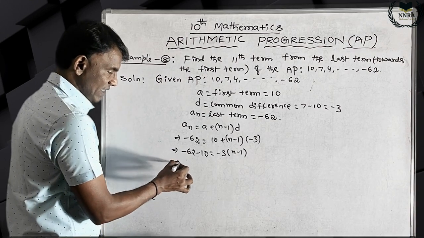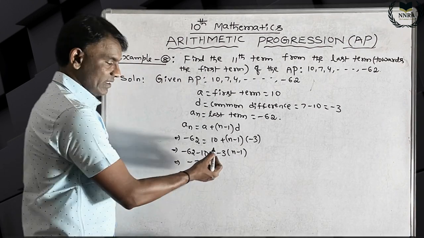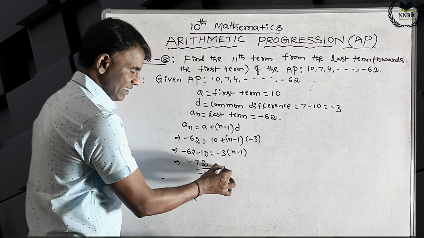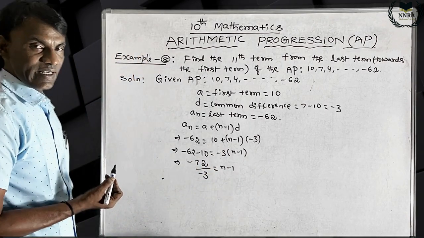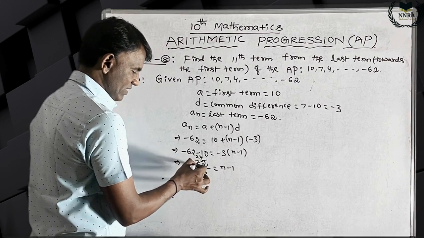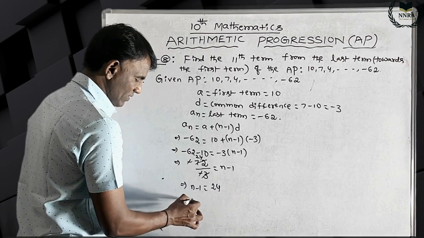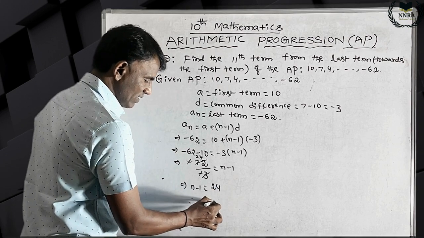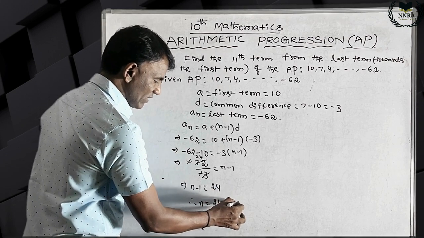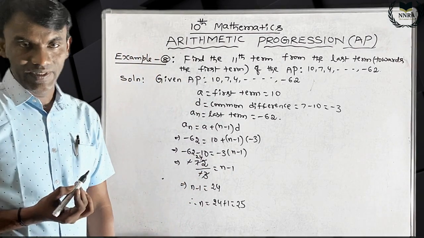So this can be written as minus 72 divided by minus 3 on this side. Then we get n minus 1 on the right hand side. So minus minus gets cancelled. 3 twos are 6, 3 fours are 12, right? So n minus 1 equal to 24. What is the value of n? 24 plus 1 equal to 25. So there are 25 terms in the given AP.